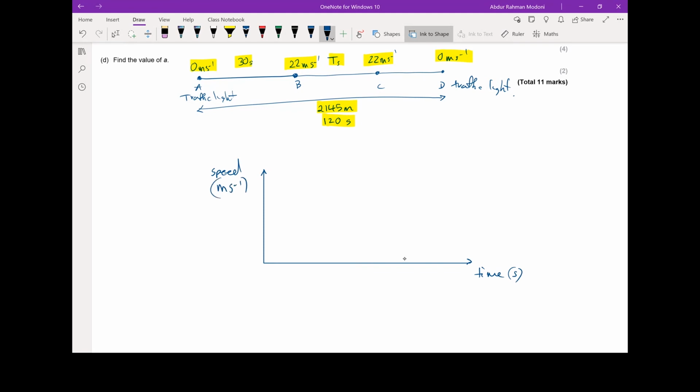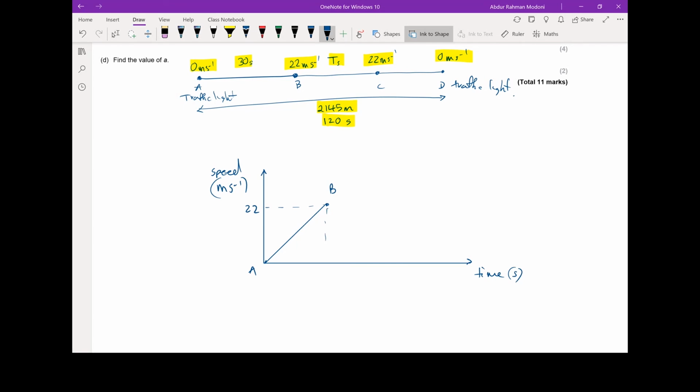It starts from point A at 0 meters per second, and has constant acceleration until it reaches point B. At that point its speed is 22 meters per second, and it takes 30 seconds.